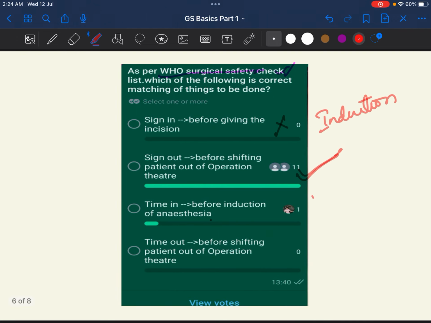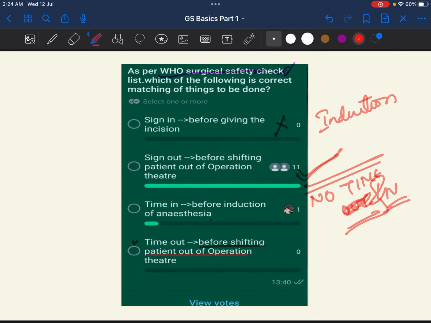The next option is timing before induction of anesthesia. Remember, already we have discussed, there is no timing in the surgical safety checklist. Sorry, I'm correcting myself, there is no timing. And the next option is timeout before shifting the patient out of operation theatre.